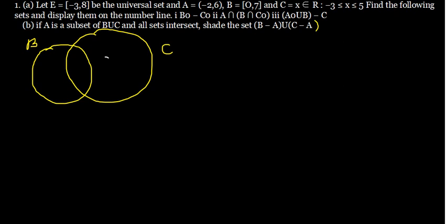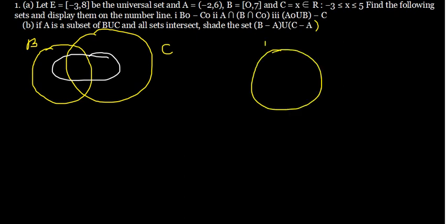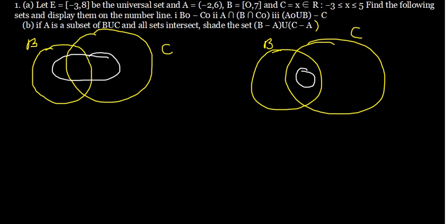We can either have A like this, it's a subset of the union, like if you combine these two sets, or we can have B here, we can have C here, and then we are going to have A here.